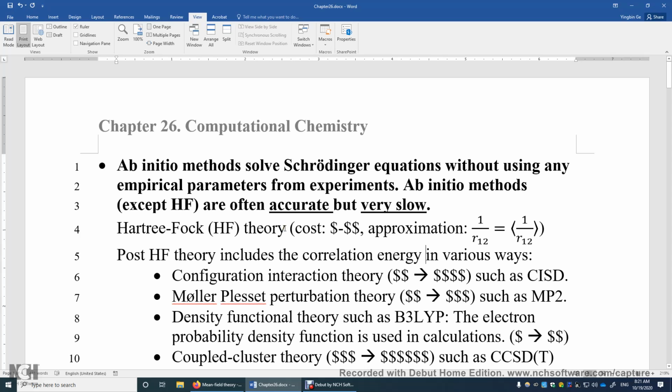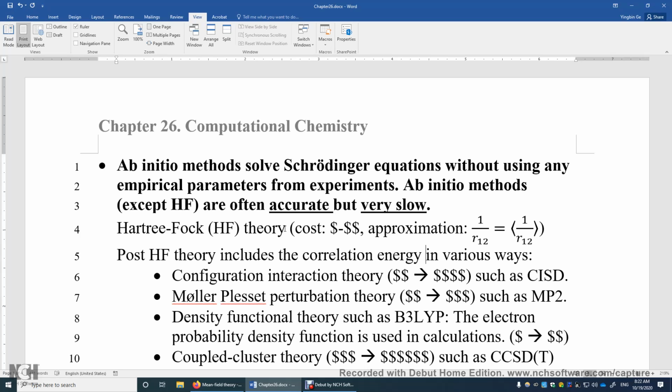But how can you approximate the repulsion each electron feels? Very simple. Electron 1 feels repulsion from electron 2, electron 3, electron 4, all the way to electron 100, right? So we can put those repulsion terms together and integrate all these repulsion terms with respect to the coordinates of electron 2, electron 3, and all the way to electron 100. And then we simplify these repulsion terms to one electron repulsion operator.